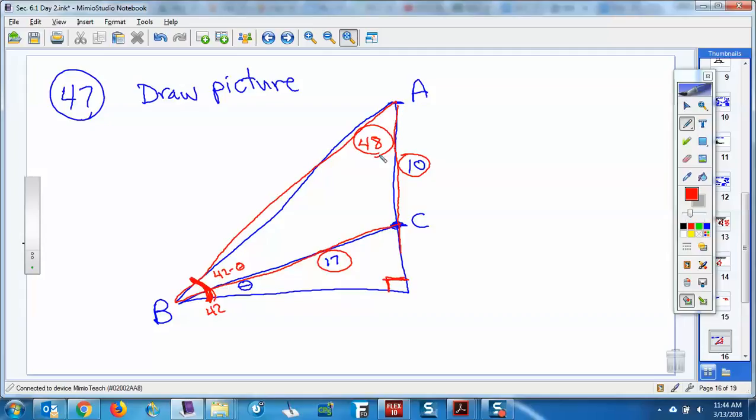Now, here's the thing though. If we have side, side, angle in a picture, we're not going to have to worry about two different triangles. There's not going to be a second triangle that's going to fit this picture with the hill, because we're going to find this angle right here.